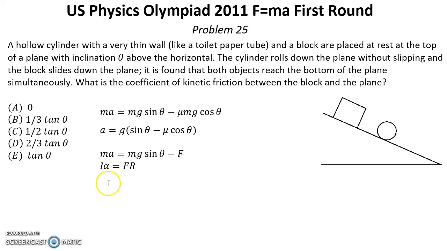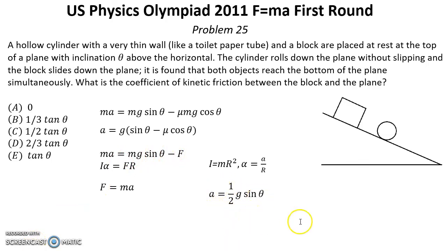From here, I for a hollow cylinder equals mr squared, and alpha equals acceleration over radius, because it is going without sliding. When we insert this expression into the second equation, we have the force of friction F equals ma. Now we can put this into the first expression and find the acceleration for the hollow cylinder.